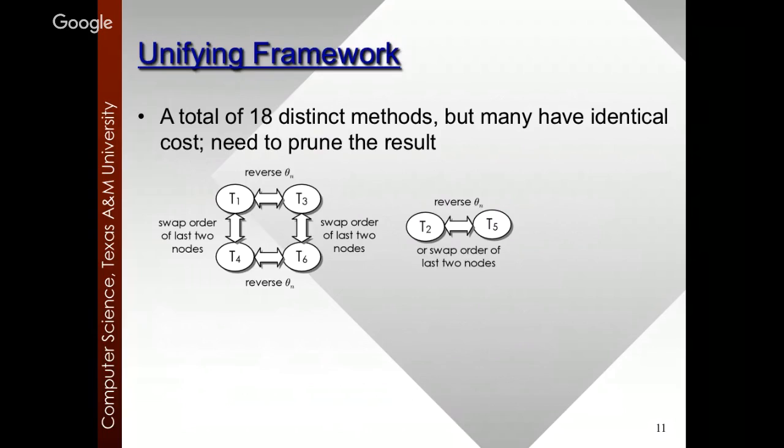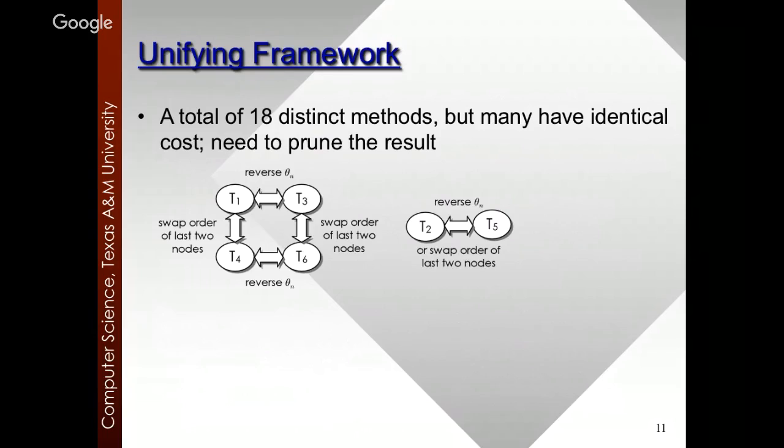For example, for the method T1, if we reverse the permutation, that means, for example, the permutation is ascending degree, and the reversal is just descending degree. So by reversing the permutation, T1 is identical to T3.